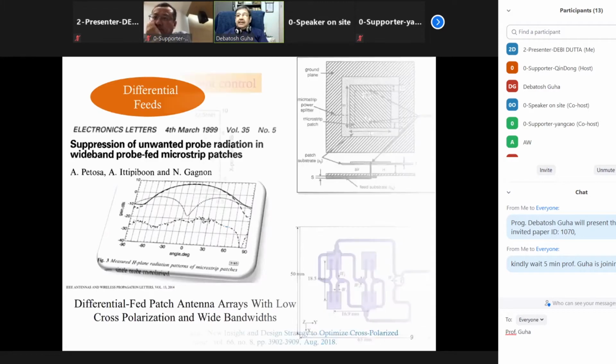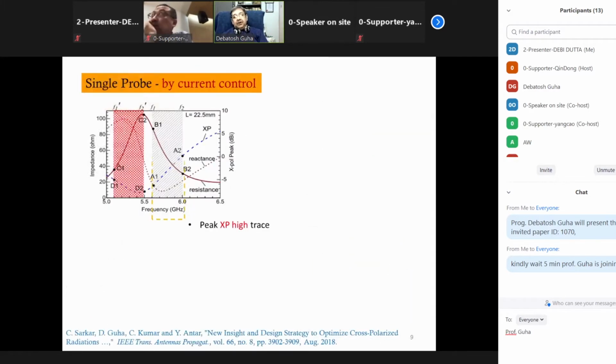Even with a single feed, you can manage your cross-polar radiation, and this report is quite interesting, and you can see this one in one Transactions paper in 18 in detail.